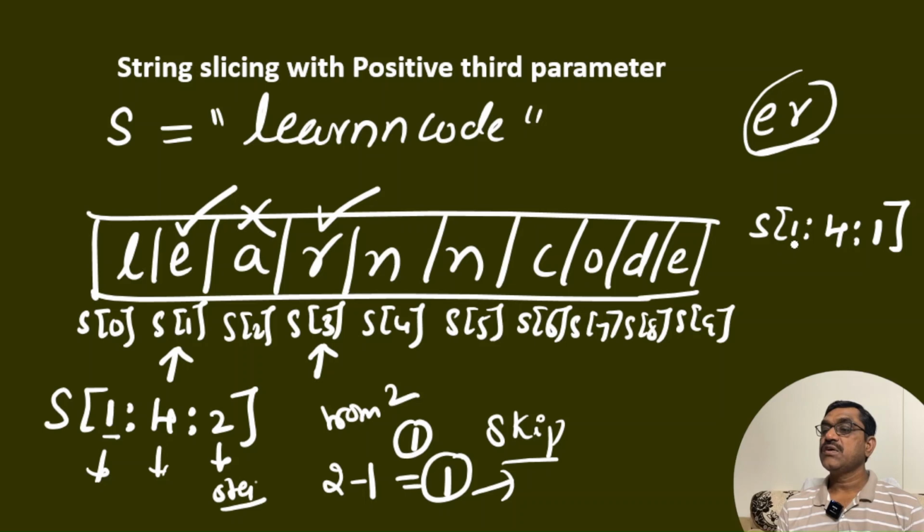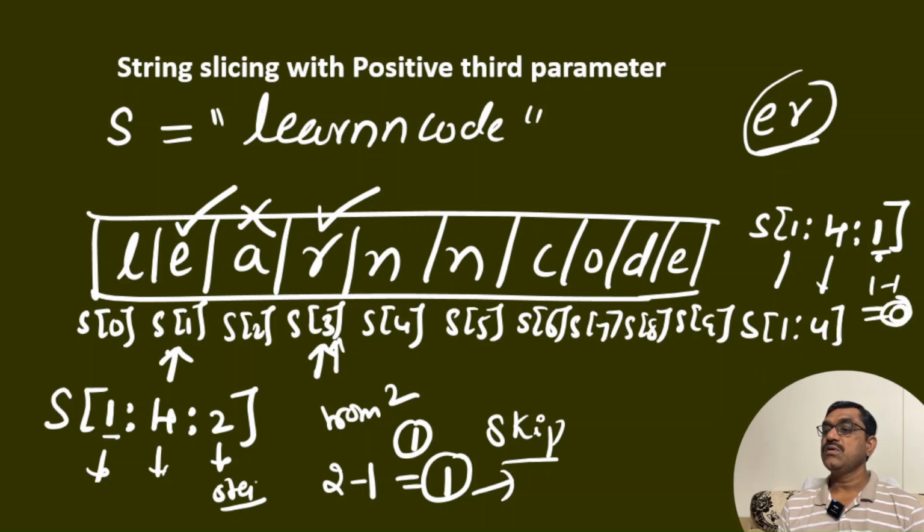The meaning of S of 1 colon 4 colon 1 is, again we are starting from 1, right? And we are going up to 4 minus 1, S of 3, that's okay. Now the third parameter is 1. So when you take positive third parameter, first subtract 1 from 1. 1 minus 1, we are going to get 0. That means it is same as S of 1, 4. That's all.